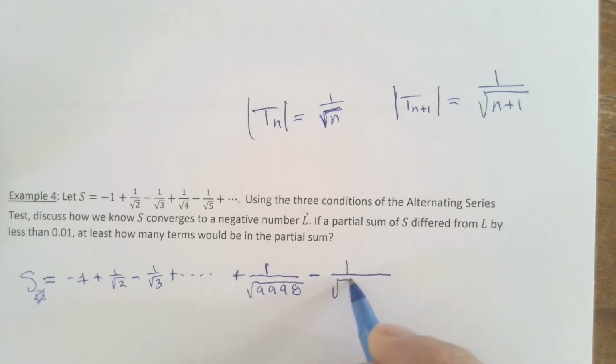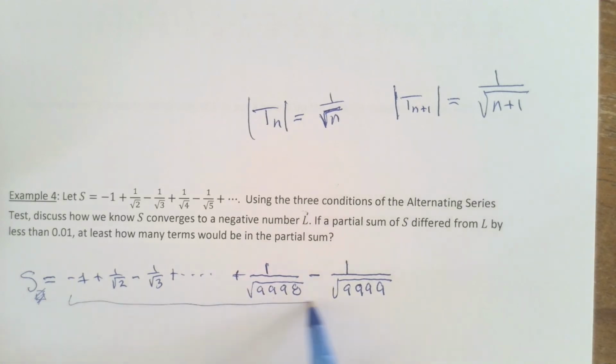And obviously you have to go way down the line here and have a lot of terms. How many terms? I think you need 9,999.